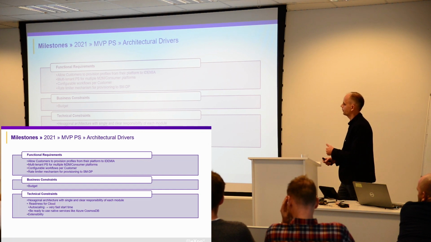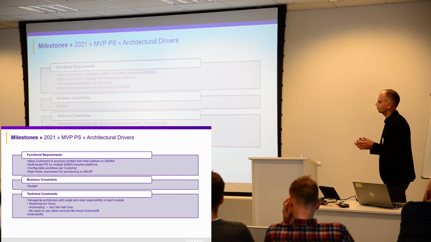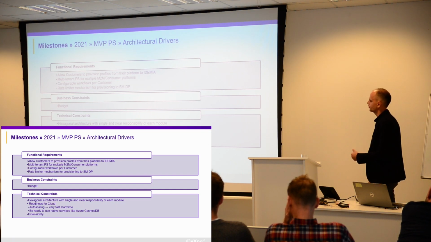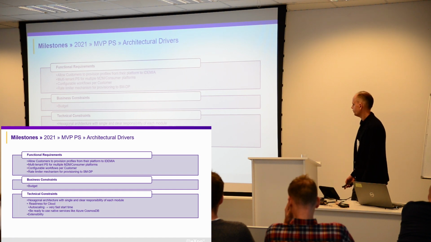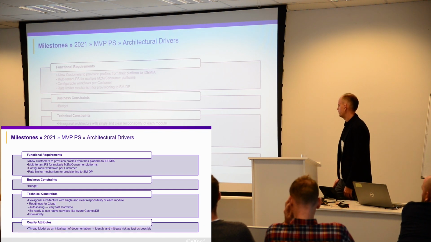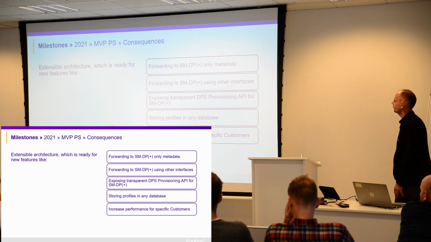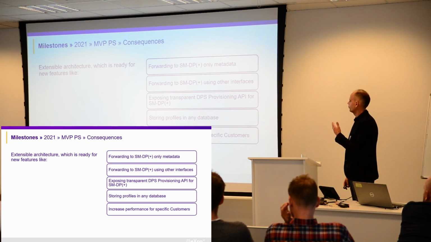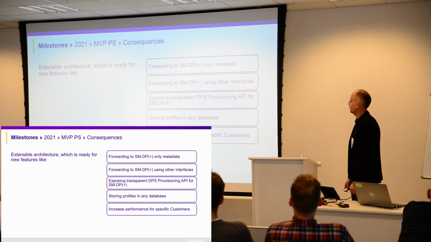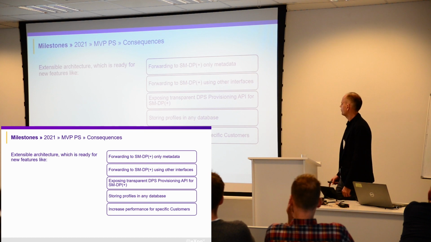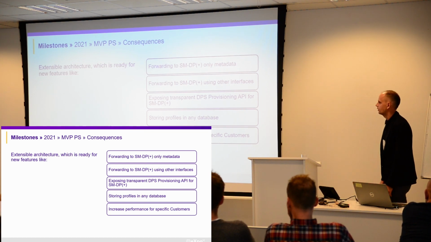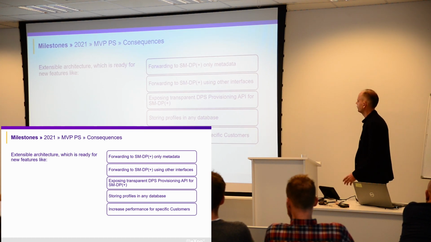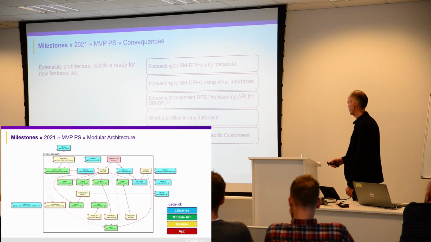So in case of moving from monolith to microservices, it will be much easier to do. And the threat model. So thanks to such an extensible architecture, we allowed for new functionalities, which we will add probably at the end of the year: increased performance for a specific customer, storing profiles for any data, forwarding to SMDP with other interfaces, and so on.